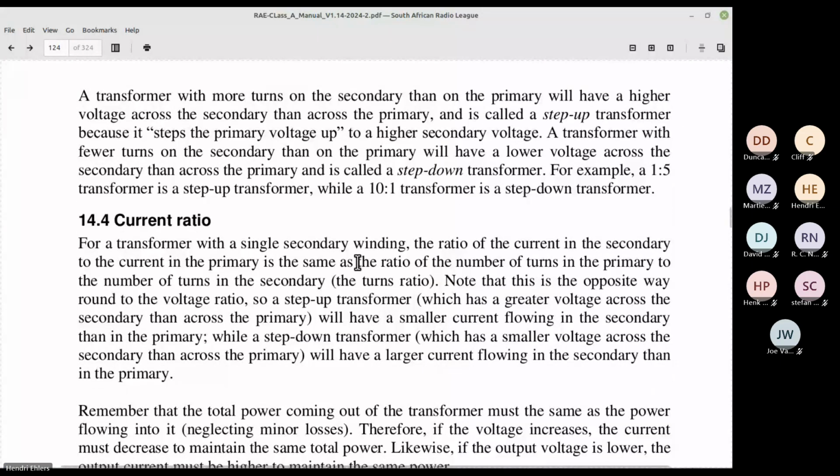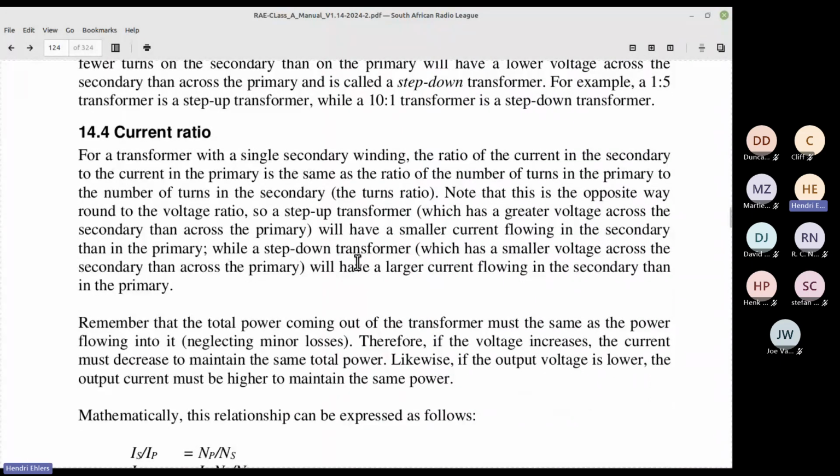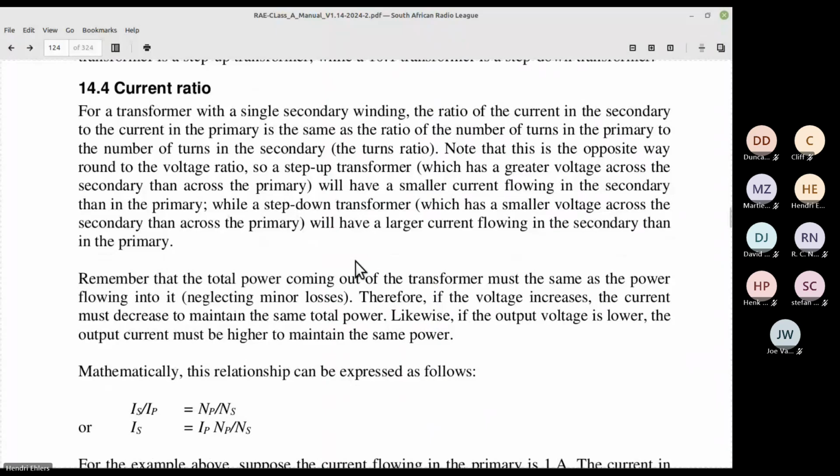Now, the current does exactly the same. And on a transformer, there's a small loss. Now, they say over here somewhere that the transformer that they have here is 95% efficient.